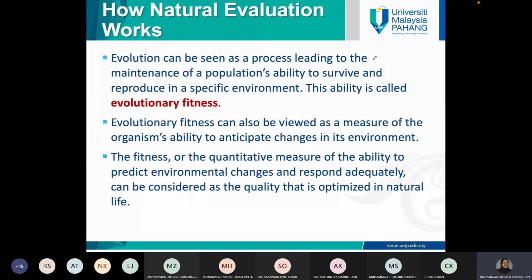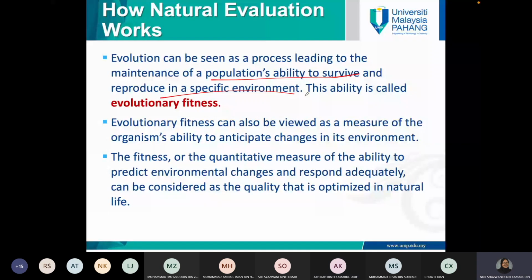Okay, so these evolutions can be seen as a process leading to the maintenance of the population's ability to survive. Like I said earlier, the insects improve in order for them to survive and reproduce in a specific environment. They reproduce and then they have better new populations to match the environment.